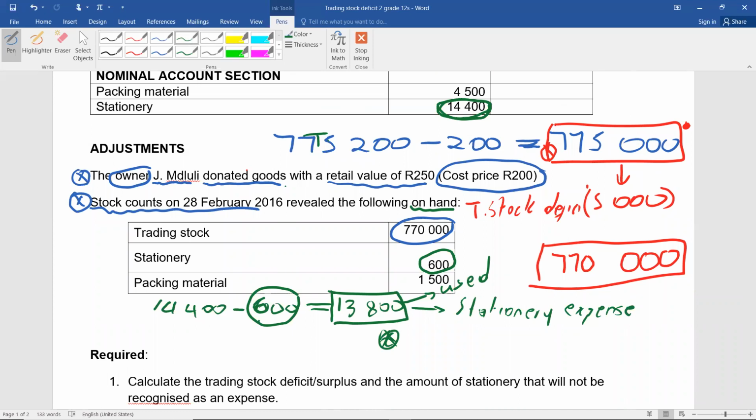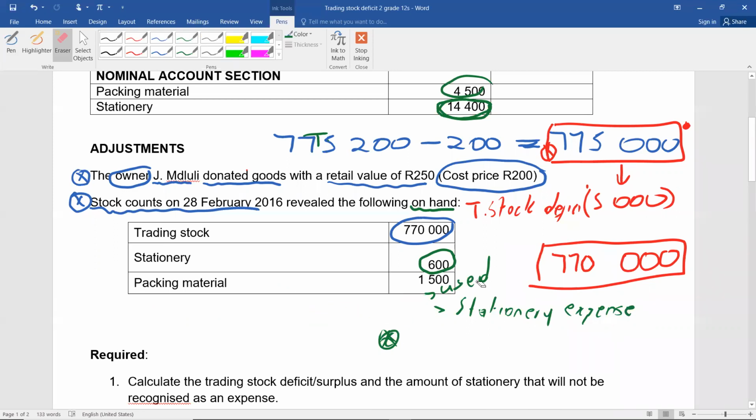The next person, obviously, will be Saki. Saki, packing material is 4,500. Tell me, what must I do? Saki, what must I do with packing material?